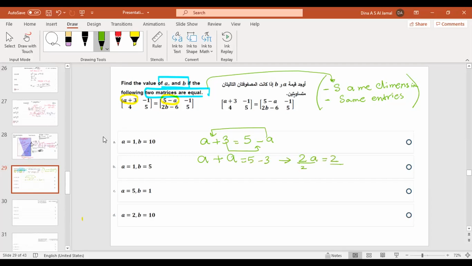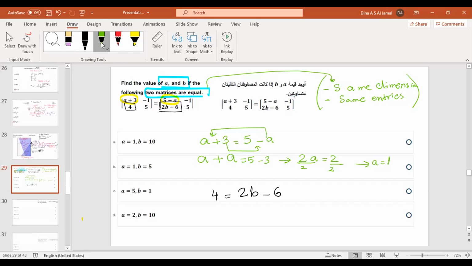Divide by 2, divide by 2, your A is equal to 1. Now let's go to the other. Your B is here and it is matching this one. So your 4 should be equal to 2B minus 6.